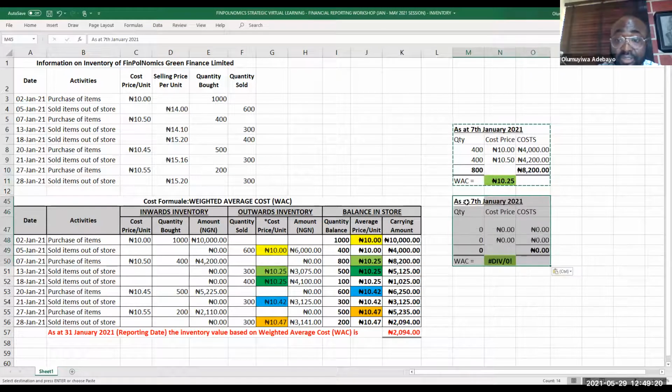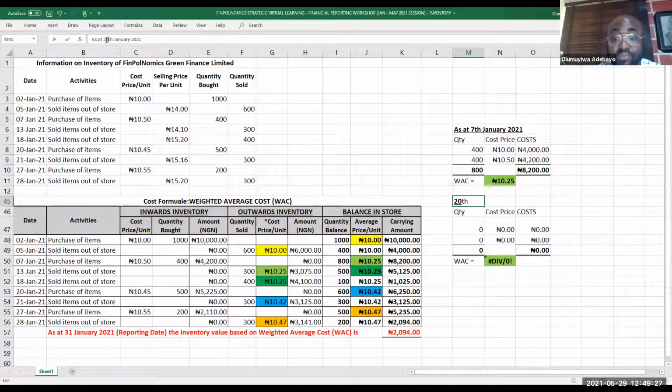I'll do the same thing for when last I purchased, which was the 20th. On the 20th, remember, as at the 20th, out of this 1,000, let me assume that I've sold 600 and 100, which means everything has gone. What I'll now do at the end of the day is to assume that, out of all of these prices, I've sold a certain amount.